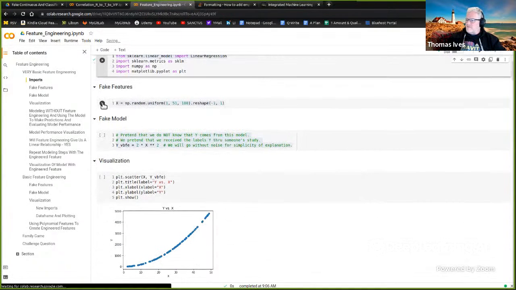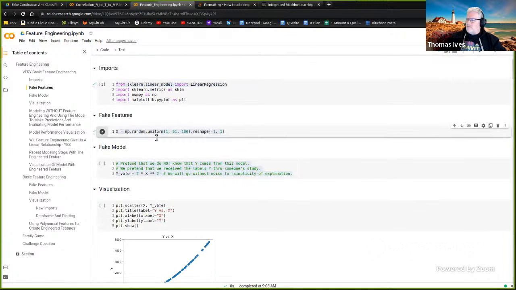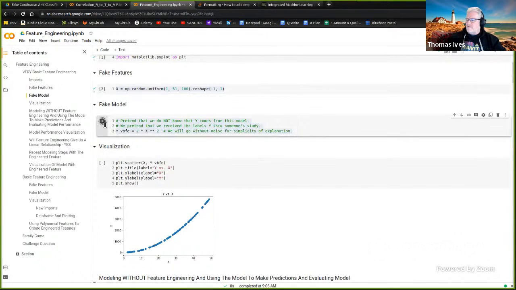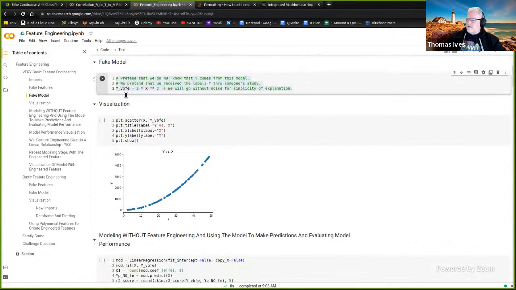And we're going to create some fake features. And all I want to do is go over an example we've done before. We're going in profit mode. We're saying for a very basic feature engineering problem, this is how our Y values are produced. Again, this is not real life. This is profit mode.